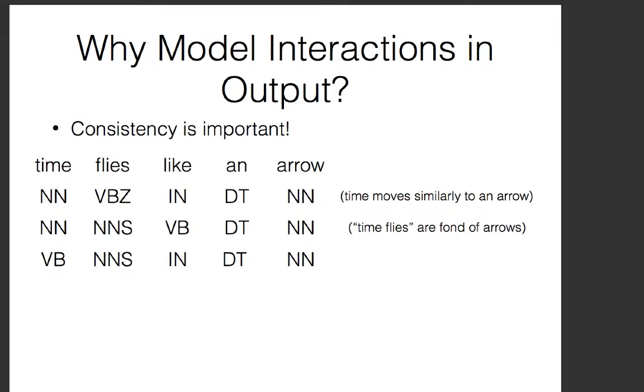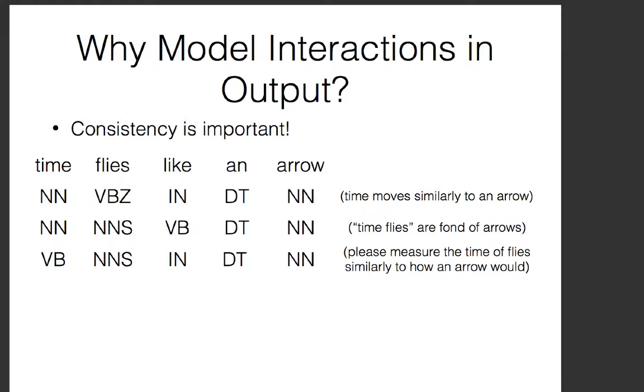And then the third one. Yeah, so you're telling somebody to measure the time. Please measure the time of flies similarly to how an arrow would measure them. So this is a classical sense of ambiguity.